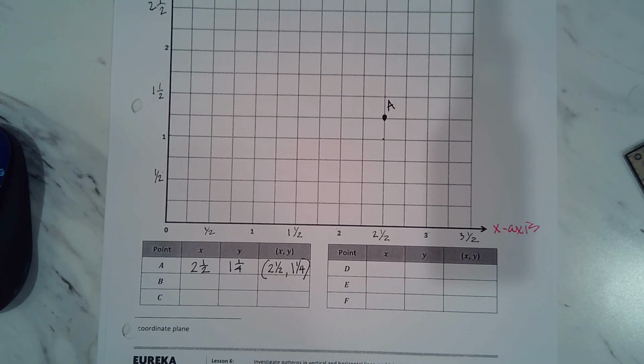So now this is where you're going to need your straight edge. You are going to draw a line so that it has a point A in it and is perpendicular to the x-axis.